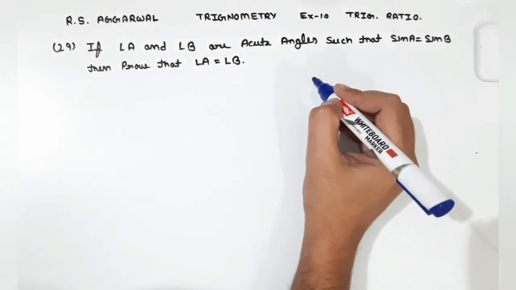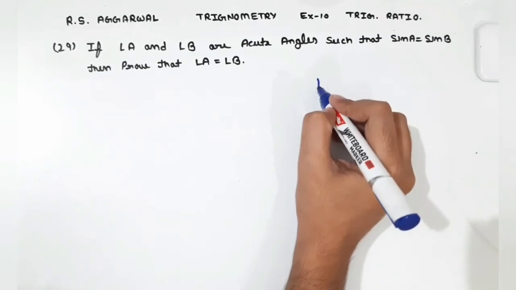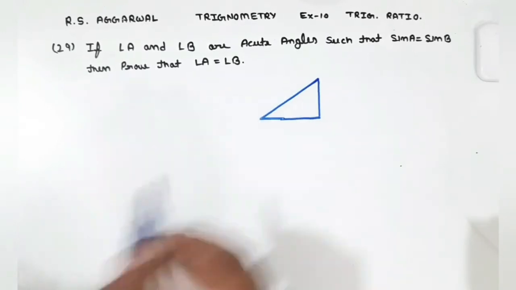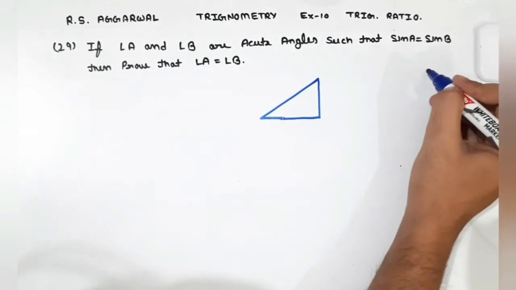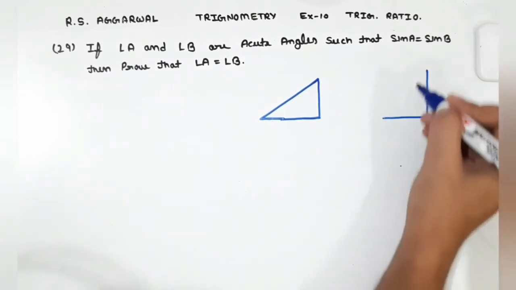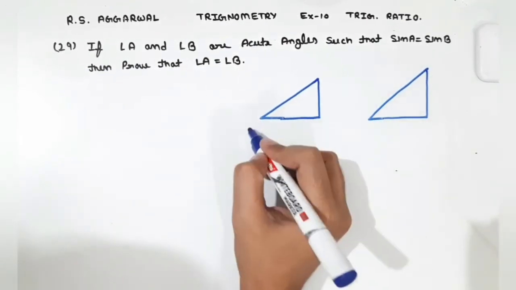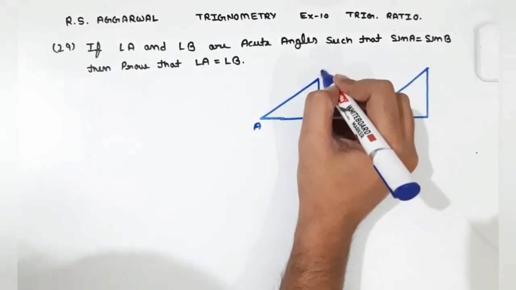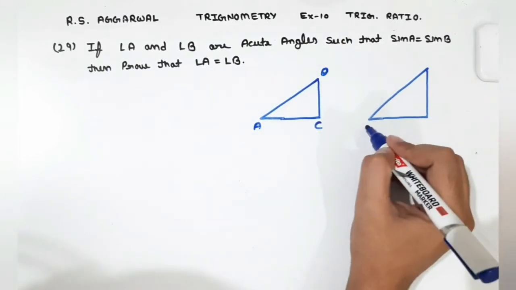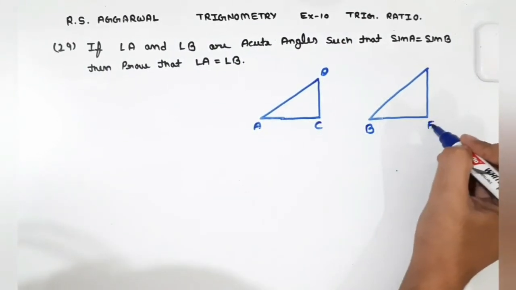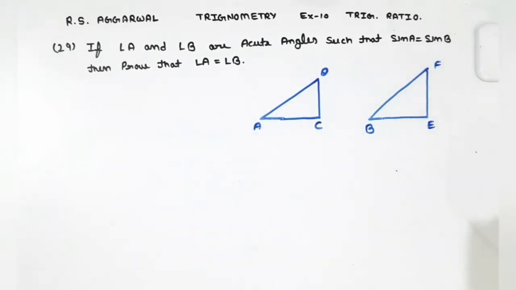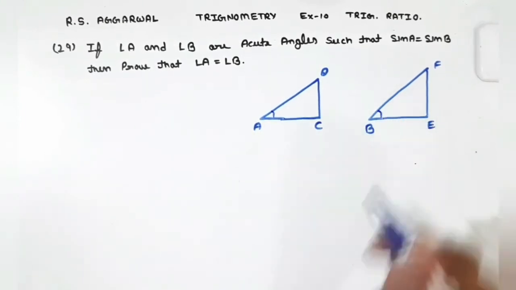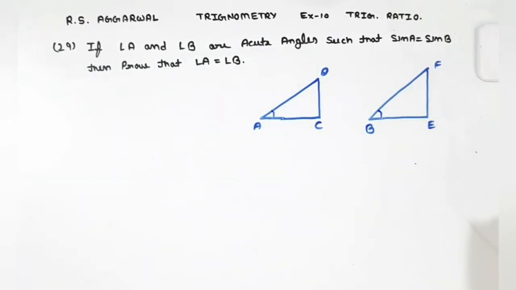So we have given that the angle A and angle B are acute angle. So firstly we will consider two triangles, ACD and BEF, in which angle A and angle B are acute angle.